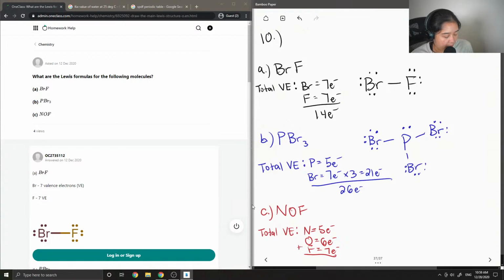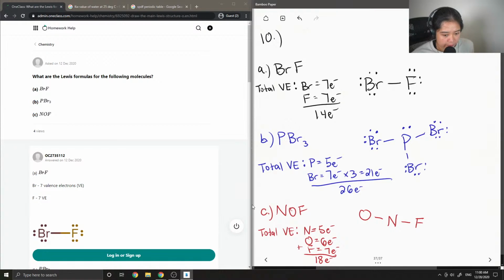So if we were to add them all together, we have 18 valence electrons in total. So our central atom here would be nitrogen. And first I'm just going to write it as a single bond with both the fluorine and the oxygen.